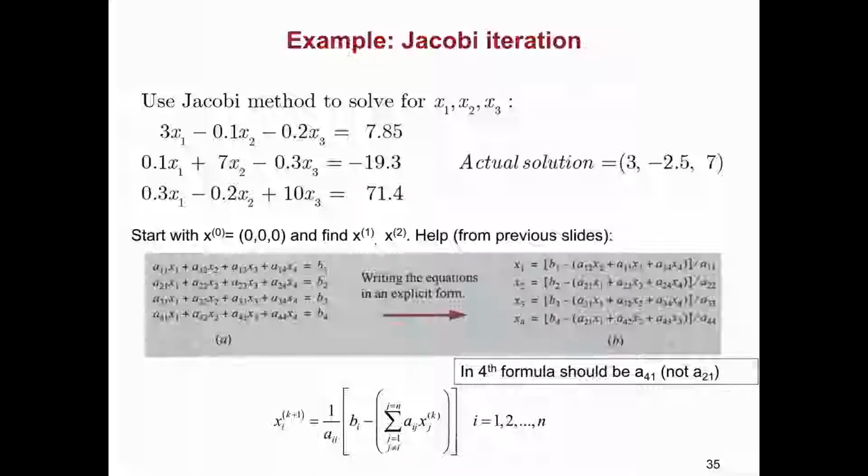I want you to start from 0, 0, 0, and then get my next iteration. So 0, 0, 0 is this starting point, this zeroth vector.